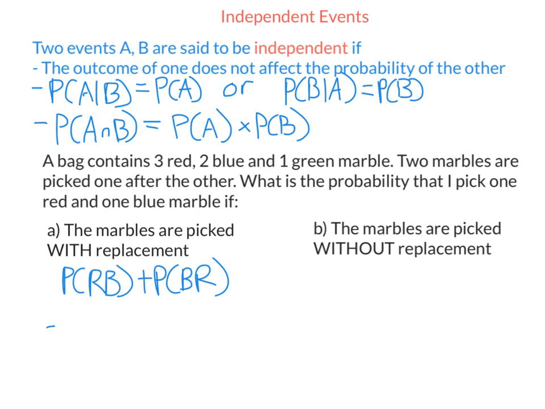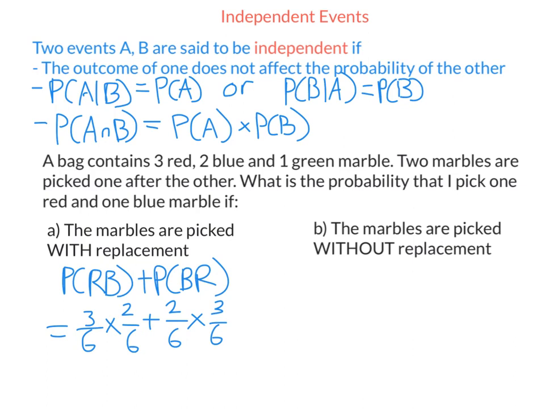The probability I get a red marble on the first go is 3 out of 6. There are 3 red marbles and 6 marbles in total. If it's with replacement, that means I've got a red and I put it back. The probability I get a blue on the second go is 2 over 6. For getting a blue then a red, it's just the same but a different order: 2 over 6 times 3 over 6.